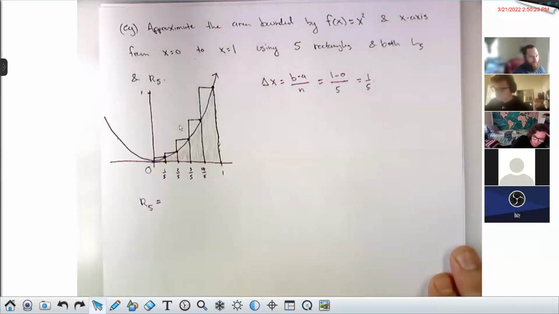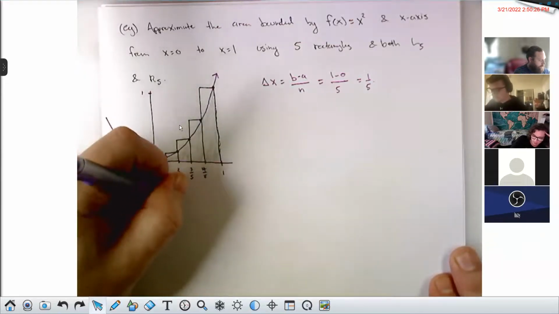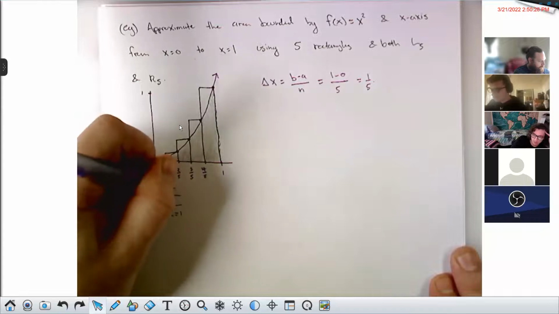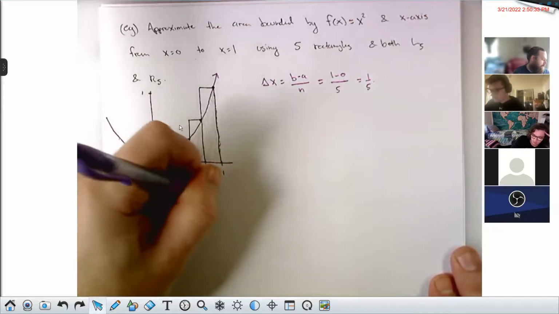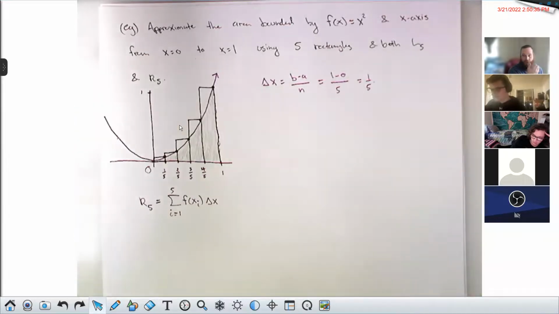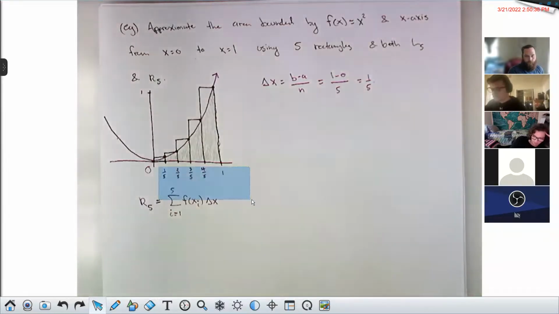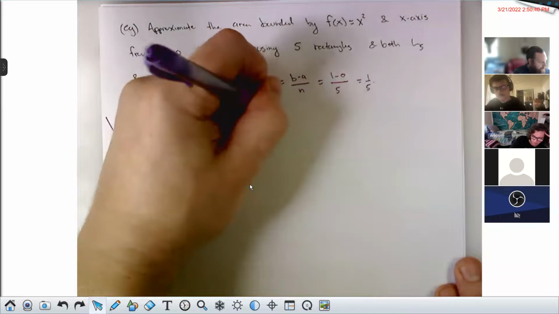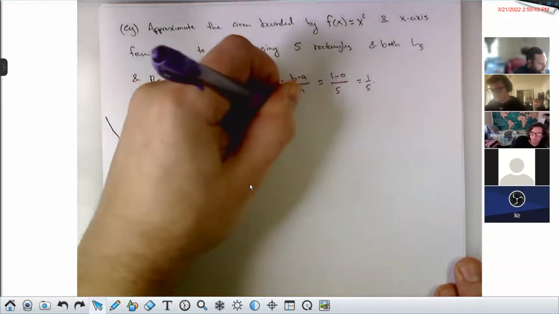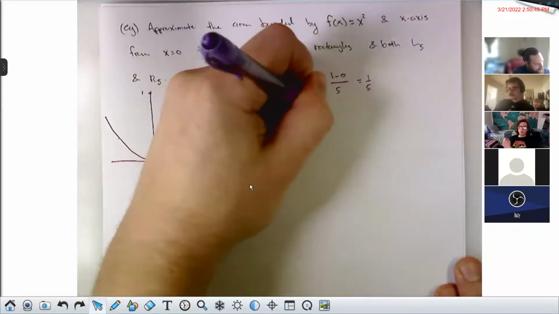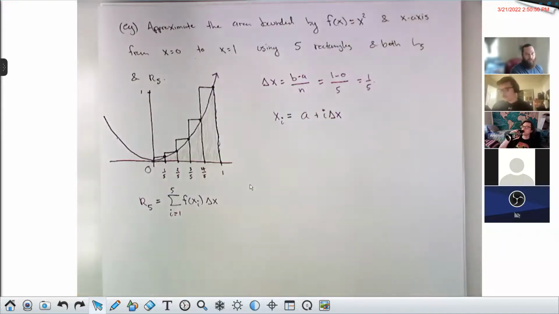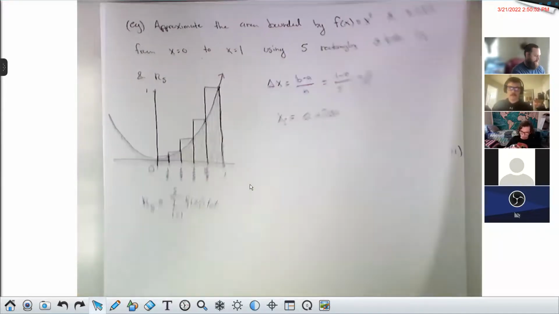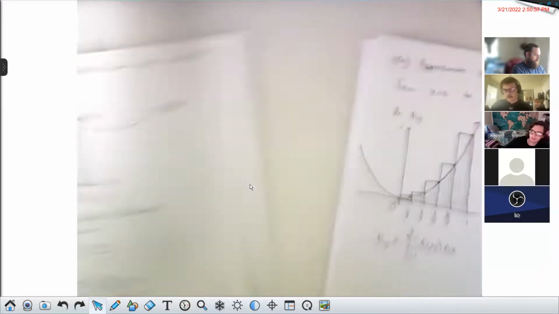R5 should be the sum from i equals 1 to 5 of f of xi times delta x. And you can compute the xi's as you saw me do here really quickly. The formula for the xi's, if you want it, and we will need this from time to time, is a plus i times delta x.